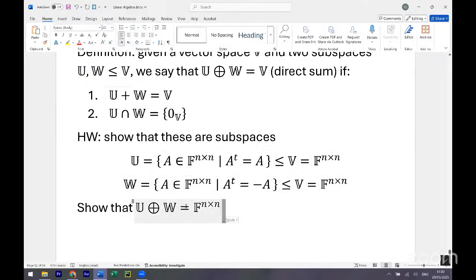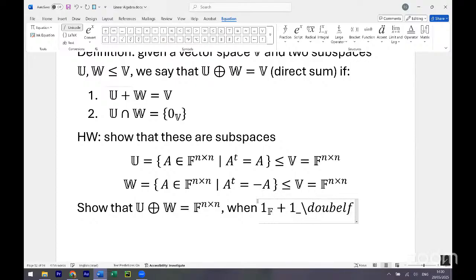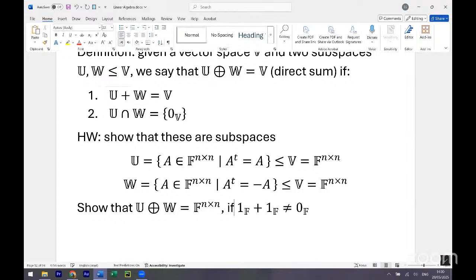Wait, something important, almost forgot about it: 1 plus 1 of the field is not zero. If you take a field where 1 plus 1 is 0, it's actually not true. A matrix could be both symmetric and anti-symmetric other than 0.